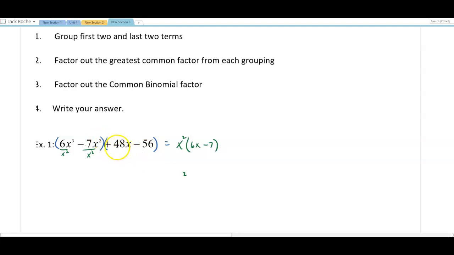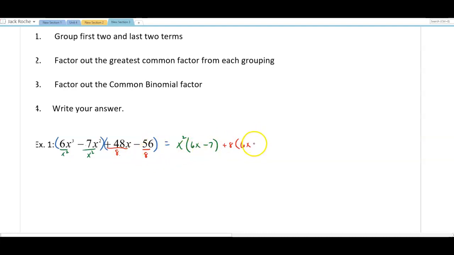Okay. Now in the next one, 48 and 56 can both be divided by 8. And since this first term is positive, we're going to factor out a positive 8. When I divide both of these by 8, 48x divided by 8 is 6x.